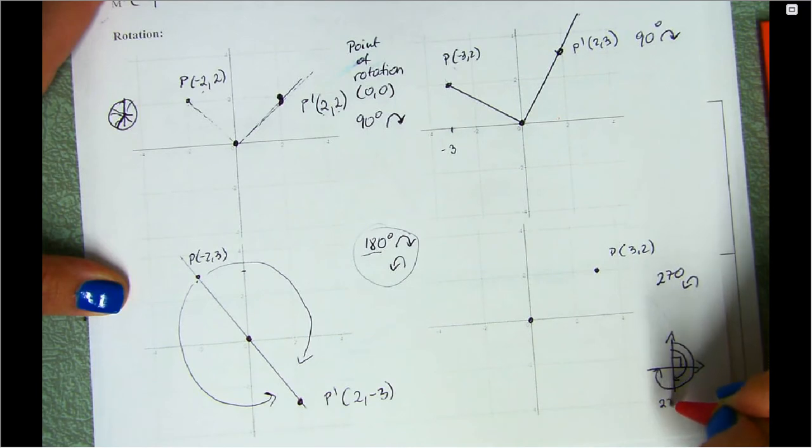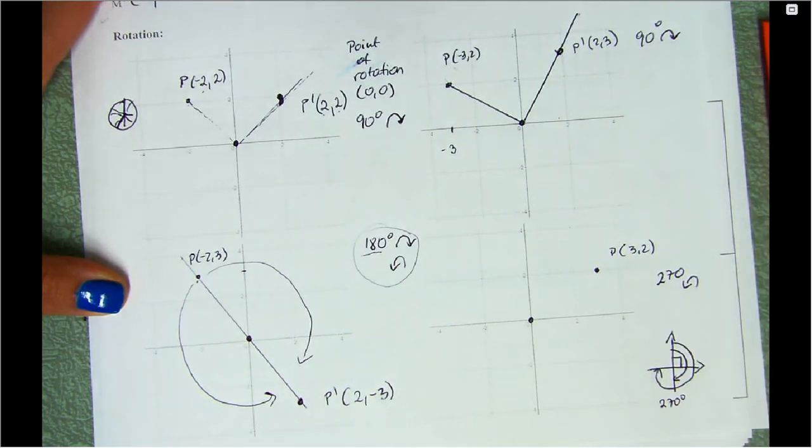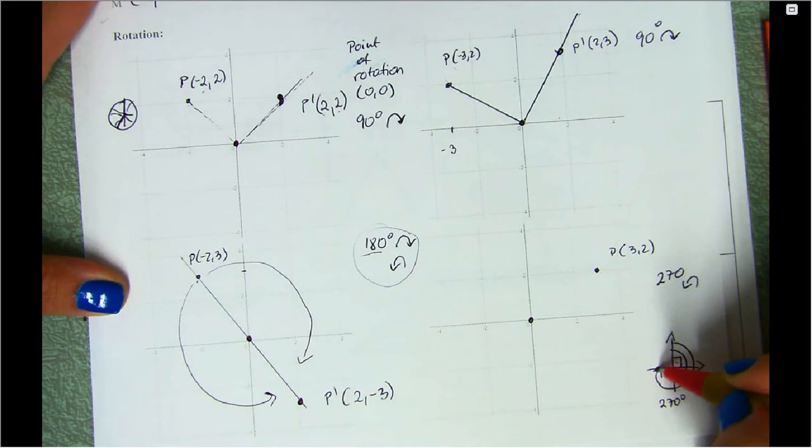It's 270 degrees. What does that mean? That means it's 90 and 90 and 90. There's another way of thinking about it. Do you see it? How can I get to this point from this point?